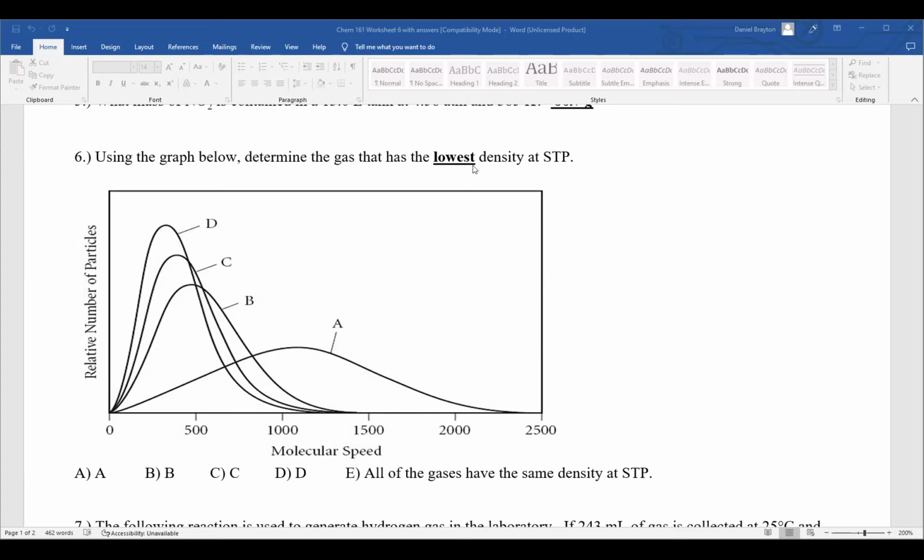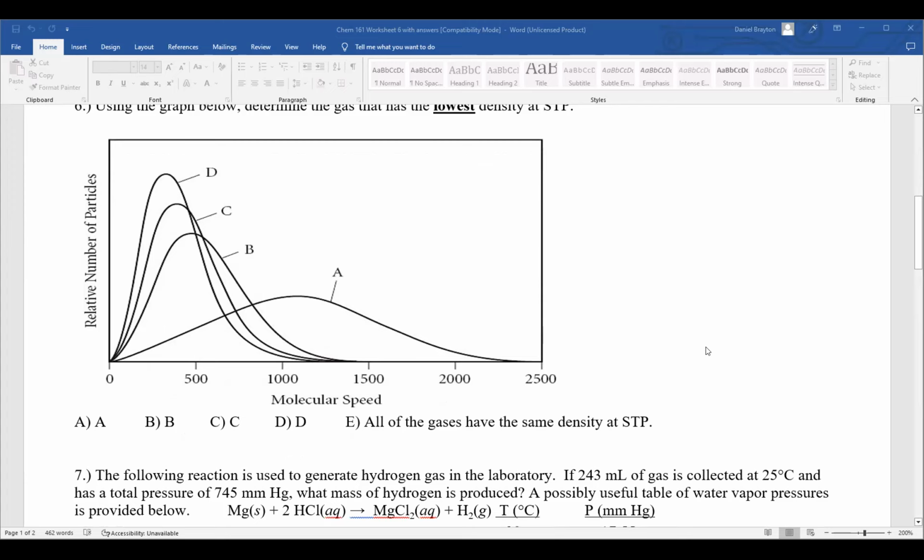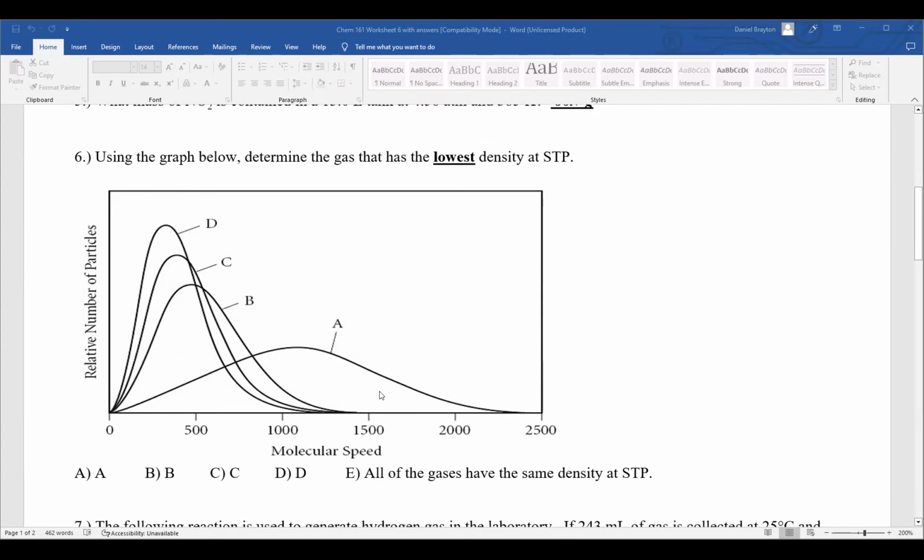The lowest density is going to be the one that's moving the fastest. So this is basically how a hot air balloon works. Either the fastest gas or the lightest gas had this type of profile. So I think if you go back in the book, like A is helium or hydrogen or something, and as you move along, they're obviously not all the same, right? Otherwise their profiles would look the same.